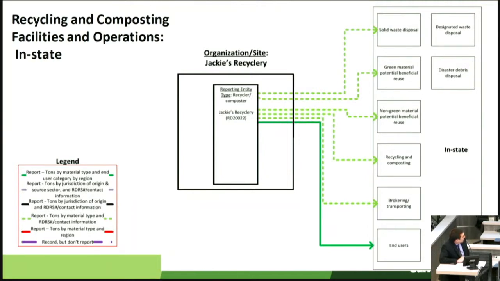Now, recycling composting facilities and operations can also send out streams of green material potential beneficial reuse. You would keep track of that as well by material type, and the jurisdiction essentially would be the facility in which this reporting entity is located.